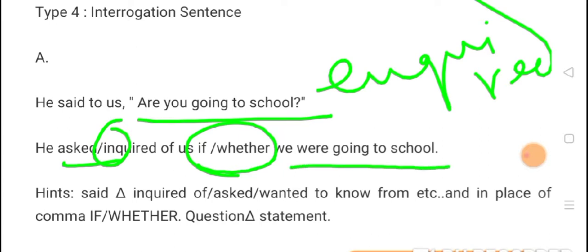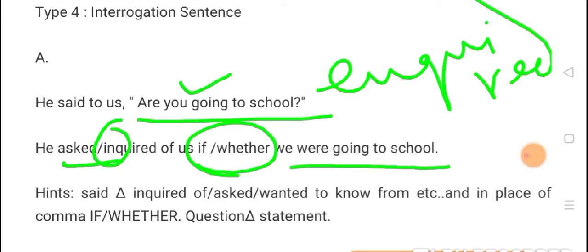So what you observe, that the tense is changed, but before changing the tense we have to change the order of the words in the sentence. You have to make it positive from question. So before changing the tense, you can change in your mind: you are going to school.